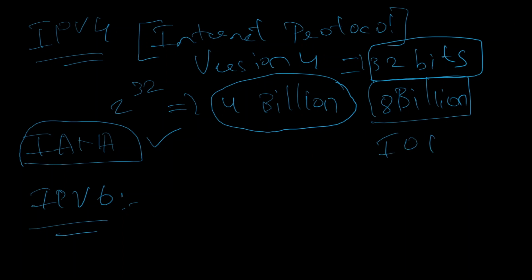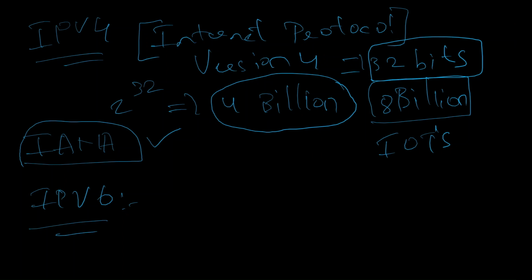Initially we just used to have computers connected to the internet. Then we had mobile phones, and now all electronic devices have started communicating on the internet, be it TVs, ACs, or fridges. Everything is connected to the internet, and we might get scarcity of these IP addresses. That's why IANA has introduced IPv6.